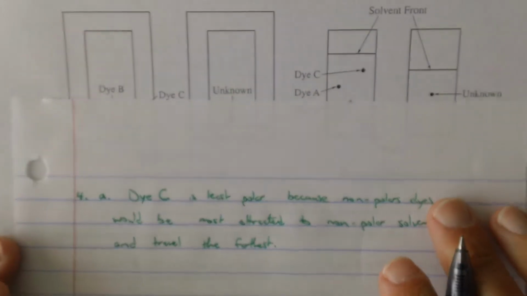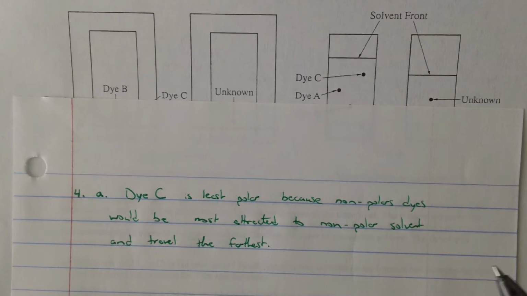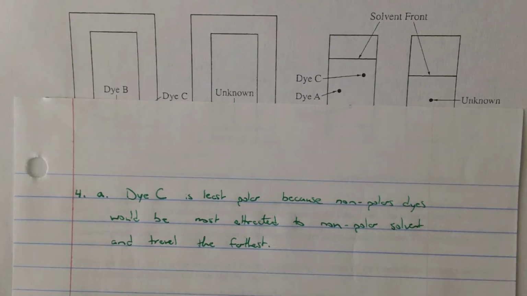So I explained it this way. Dye C is least polar because nonpolar dyes are most attracted to nonpolar solvent and travel the farthest.